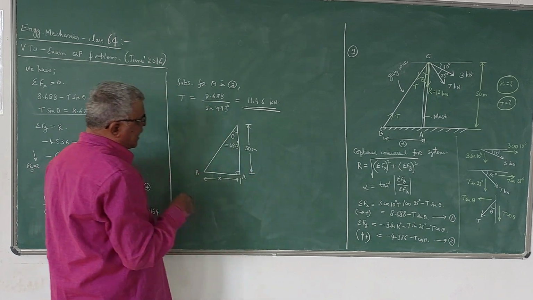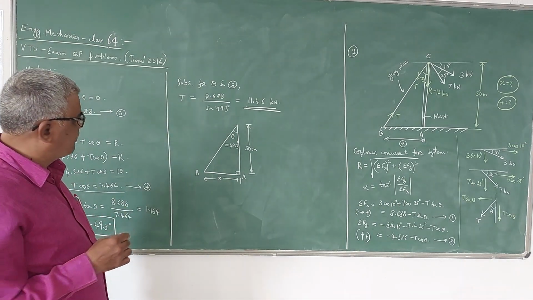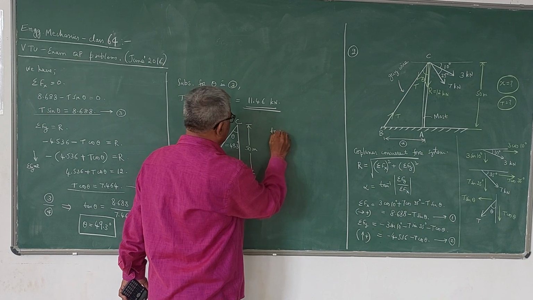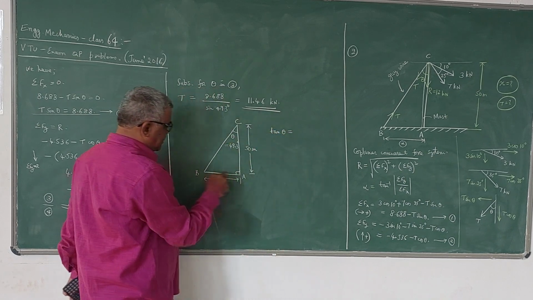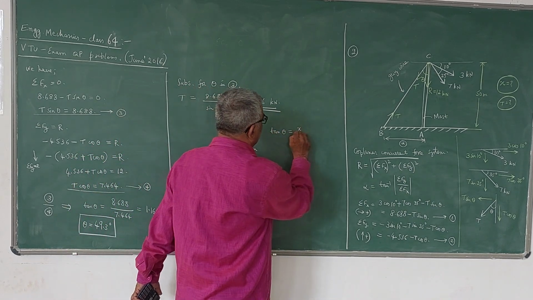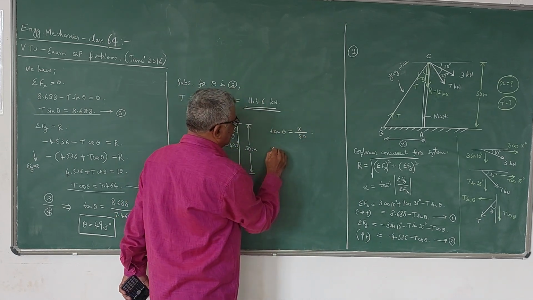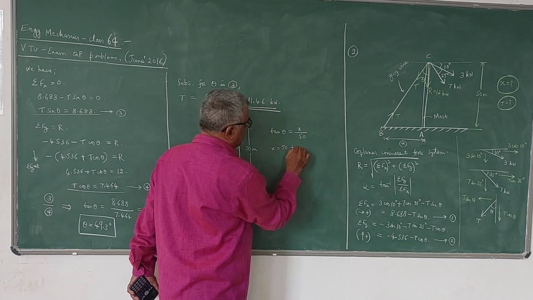By taking the tan theta ratio from this triangle ABC, tan theta is equal to the opposite side, which is x, that is AB, divided by the adjacent side, which is 50 meters. So therefore x is equal to 50 into tan theta.